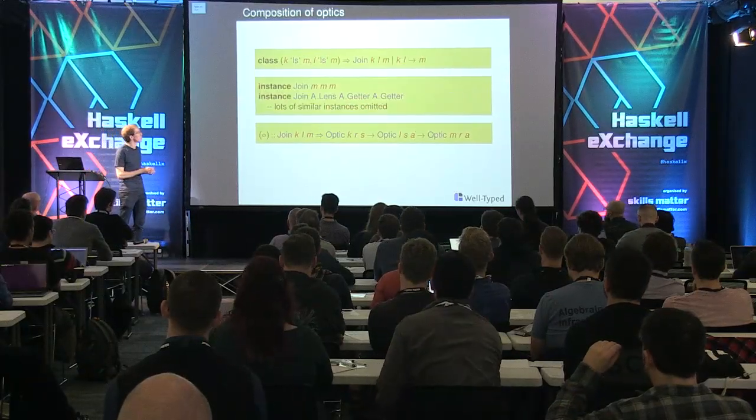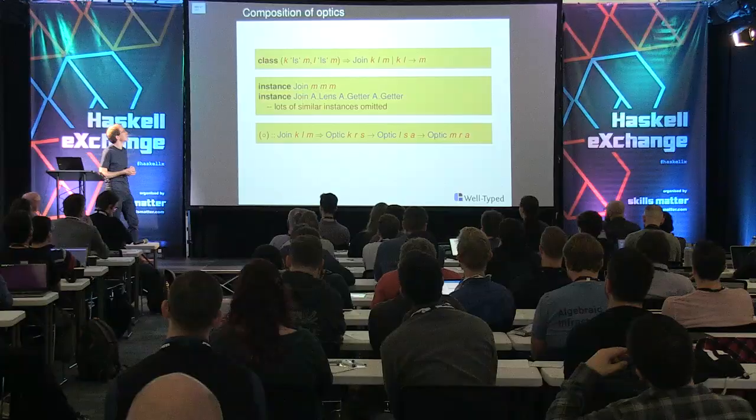Okay, so moving on from subtyping, then we have composition again. How can we define that? So we need some way of determining, for two optics that we're composing together, what flavor of optic we get back. That's given by this class Join. A 3-parameter multi-parameter type class: given a K and an L optic, determine M, the type of the resulting optic.